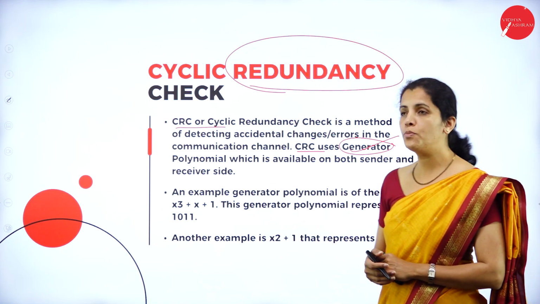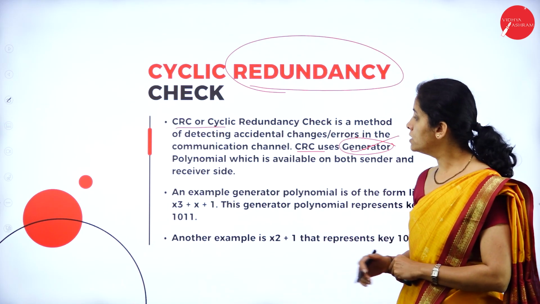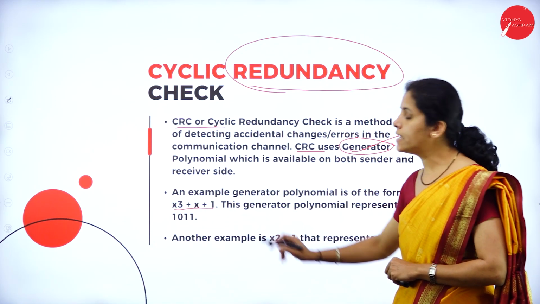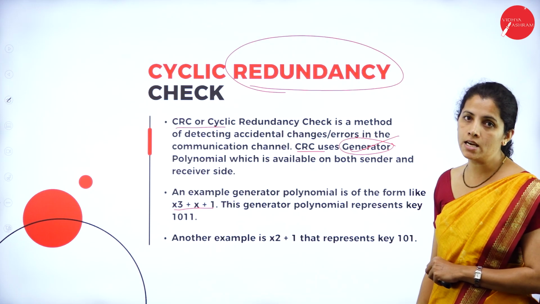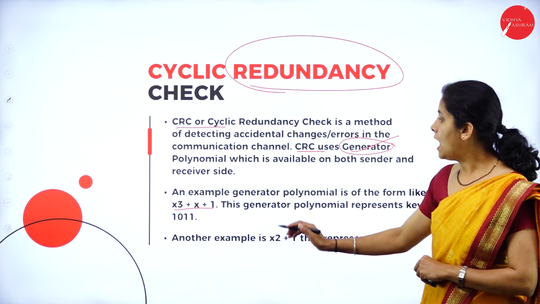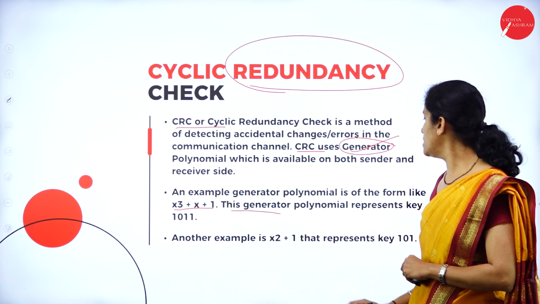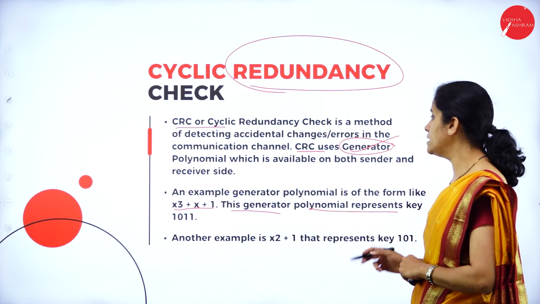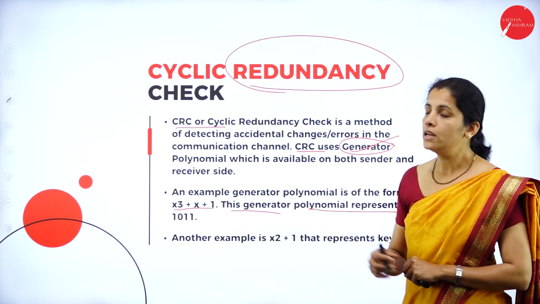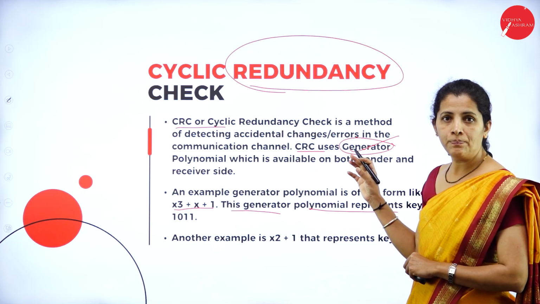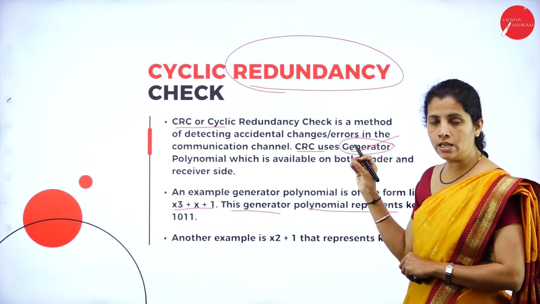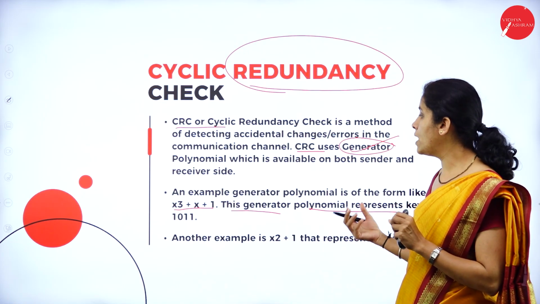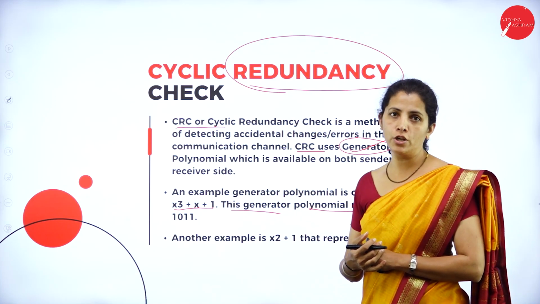So dear student, if I consider this example, this is a linear polynomial and this generator polynomial represents the key value. Now in my error detection technique, to represent the key value, I am going to use the generator polynomial.